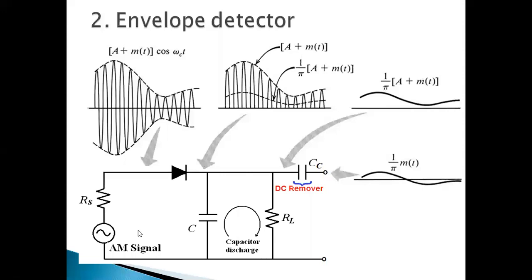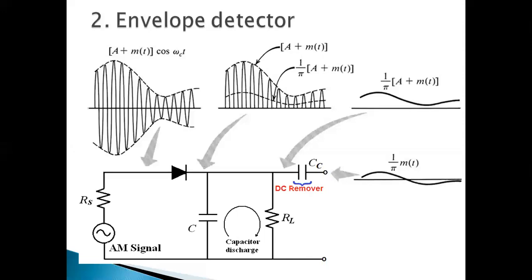The envelope detector is simple, but its effectiveness is very high. Why is it highly effective? By using the envelope detector, it is possible to detect the multiple amplitude levels in the actual signal, because in the modulated signal we have multiple amplitudes.